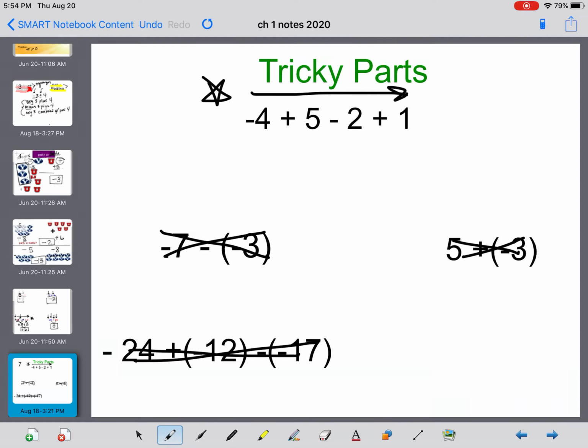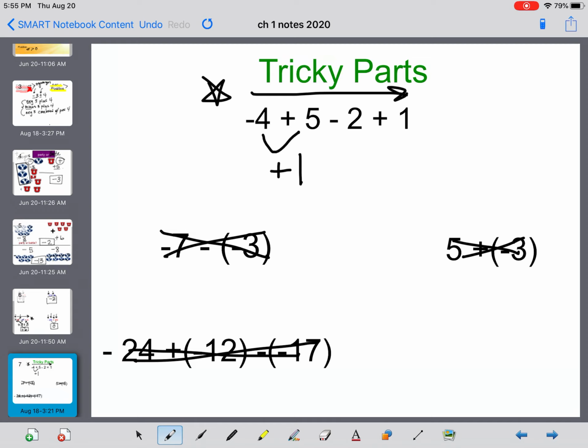Okay, I hope you tried it out. I hope you paused the video, but let's kind of work through this one left to right. The first thing I'm going to do is combine the negative 4 and the positive 5. This is going to be a battle. Who's going to win? The positives are going to win. And how many more teammates did they have? They had 1 extra teammate, right? Negative 4 plus 5.